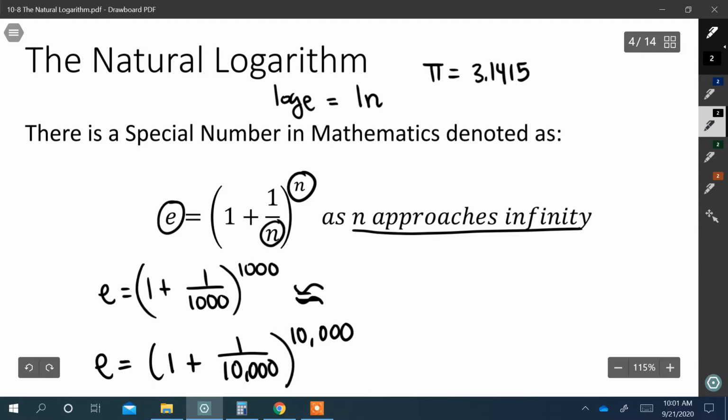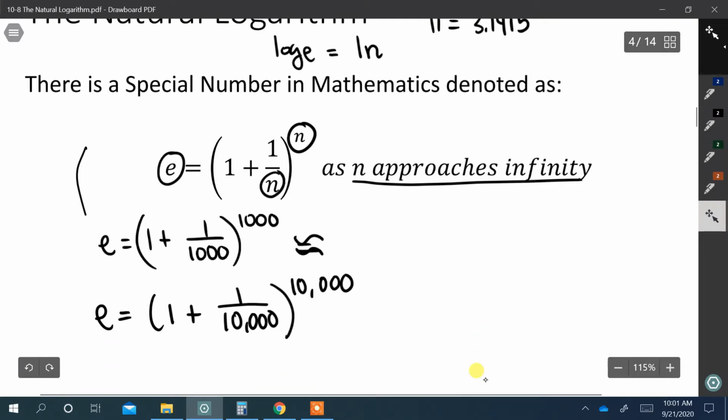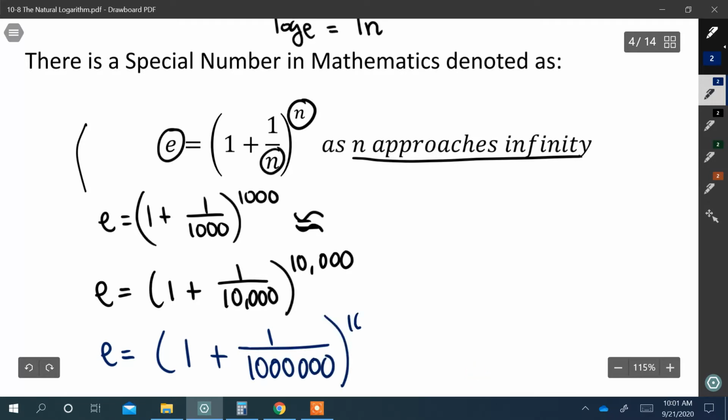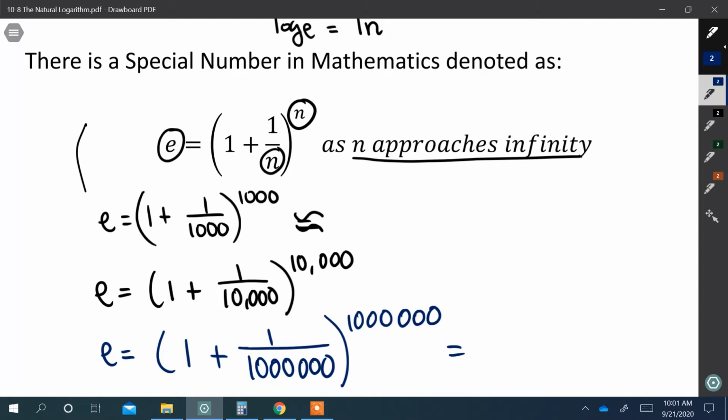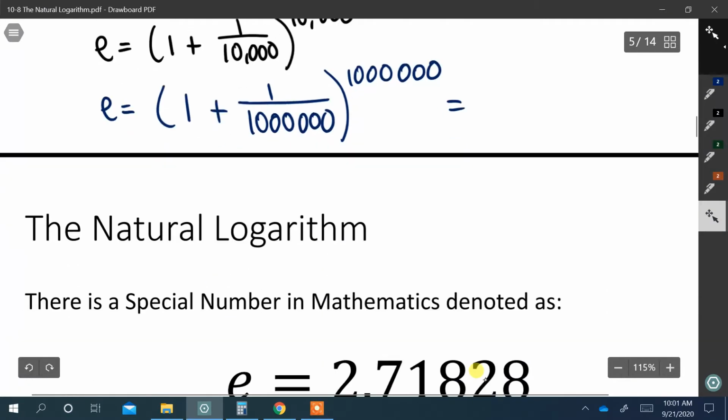Now this number appears in the real world. That's why we call it the natural log. And then we could get an even more precise calculation, which will give us the same number, but with more digits. So let me give it to you.